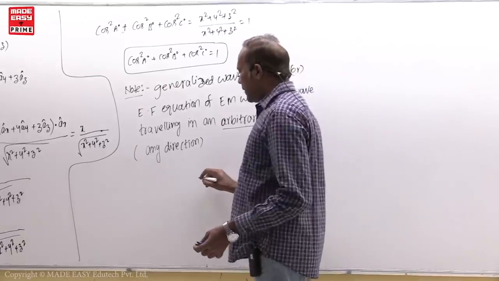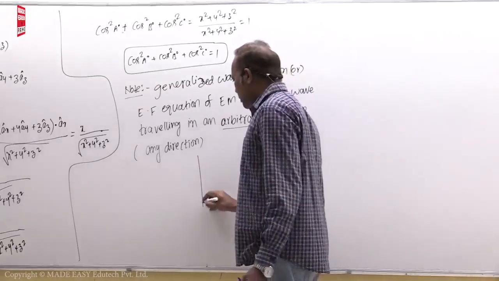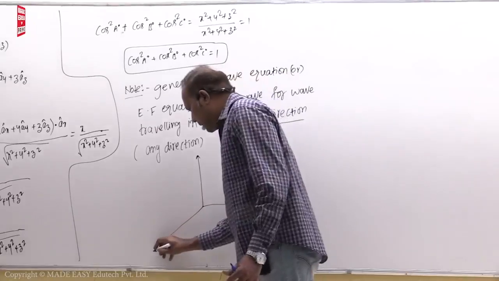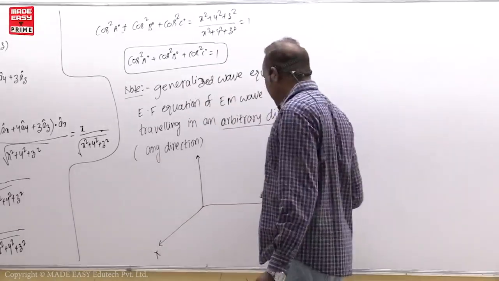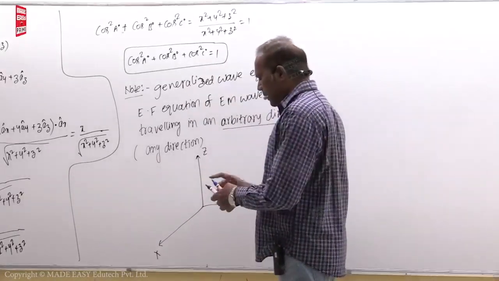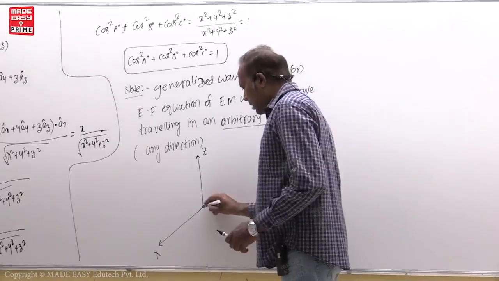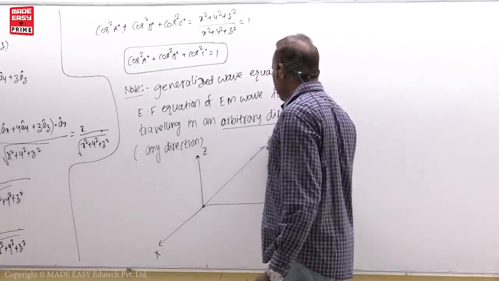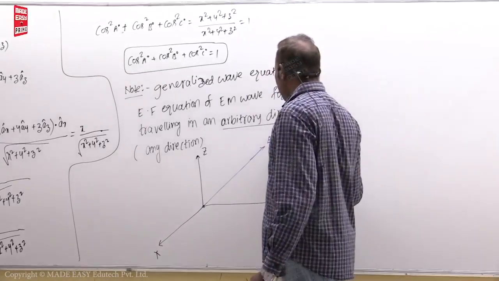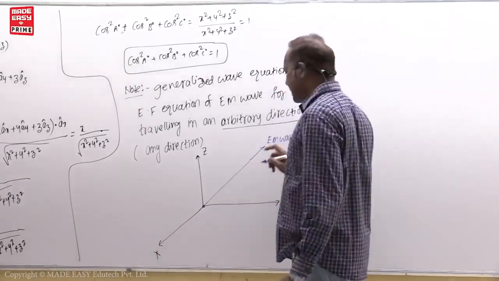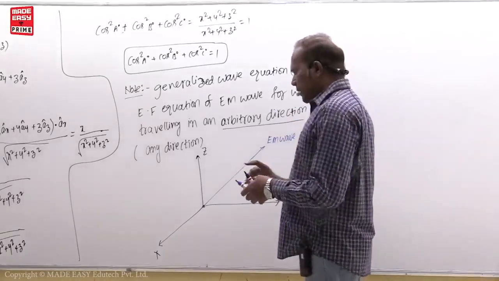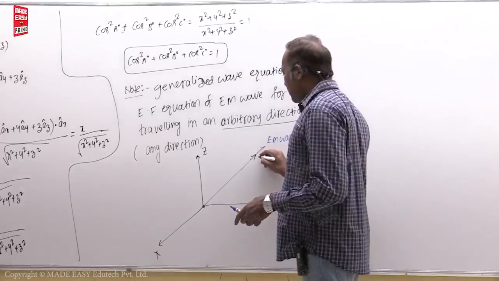Okay, I am drawing the diagram here. This is the x-axis, this is the y-axis, this is the z-axis. Now let us say this is the wave propagation direction, the wave is going like this. The EM wave is traveling like this. In the wave propagation direction, the phase shift constant is beta.